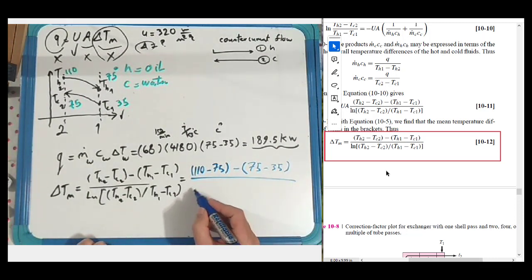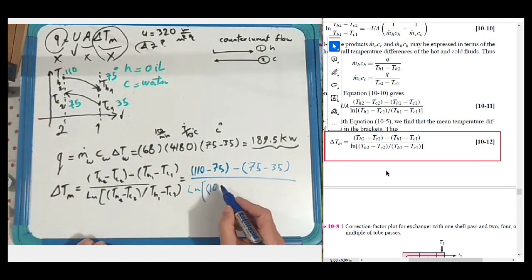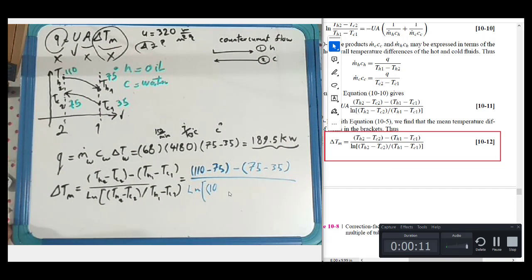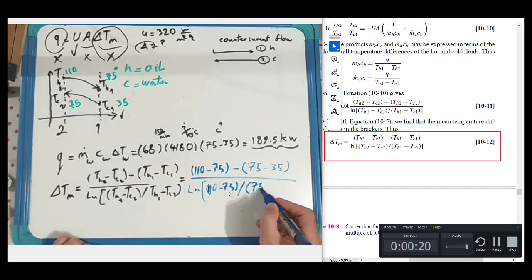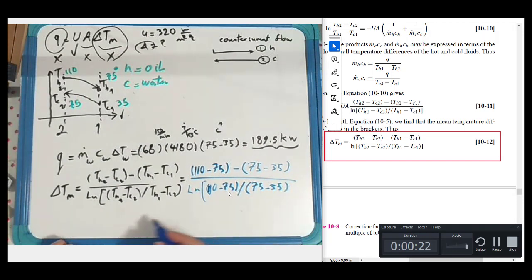We should write ln according to this formula, the same as at the top. So 110 minus 75 divided by 75 minus 35. The answer would be 37.44 degrees Celsius.